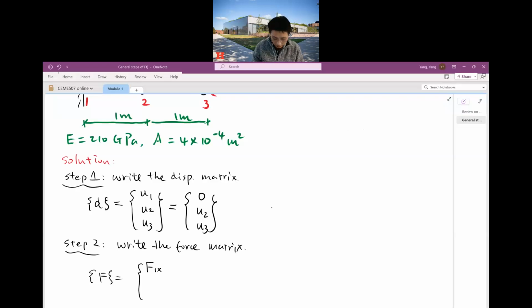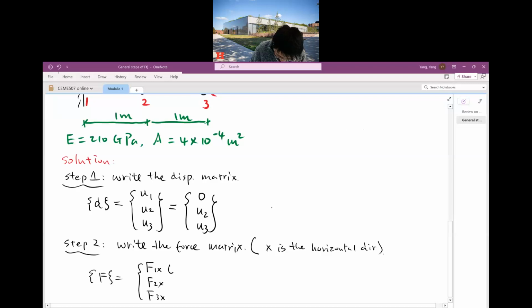So that's in the horizontal. So x is the horizontal direction. So F1x, similarly F2x and F3x.